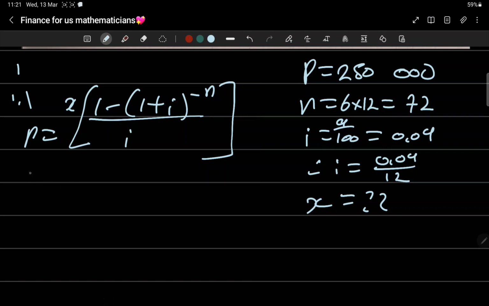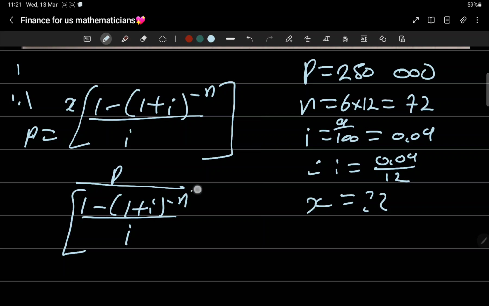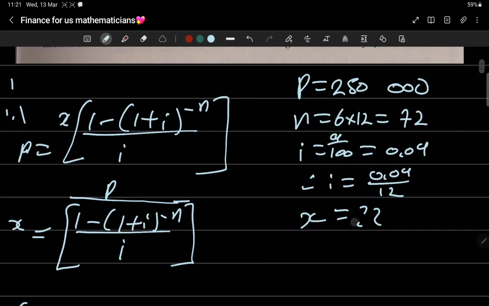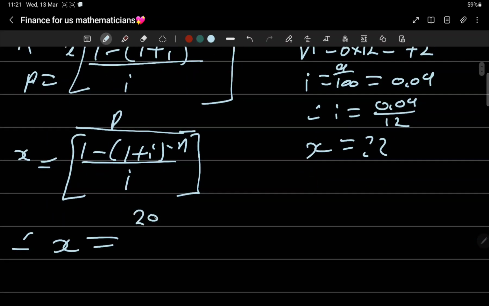So on this side is P over the whole bracket, 1 minus (1 plus i) to the negative n over i, close the bracket, then equals x. You can write x on this side, but we prefer to have it this side.